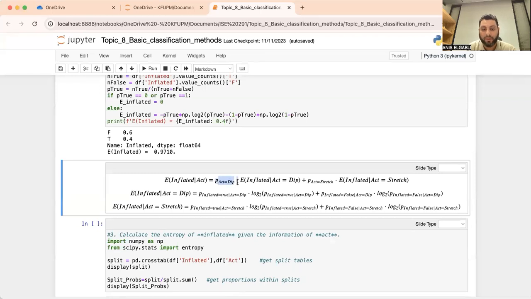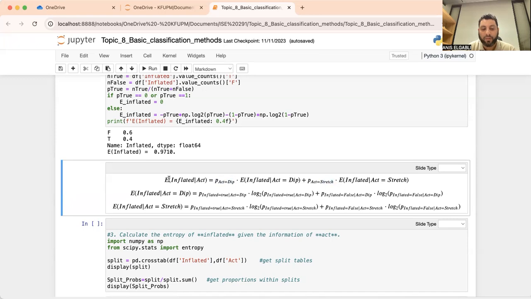So I want the probability of the first one times the conditional entropy of inflated given act equal to dip, the first choice here, plus the probability of act equal to stretch times the conditional entropy of inflated given act equal to stretch. If act has more choices, then I will have those included here also. Act here has two choices. It's either dip or stretch.